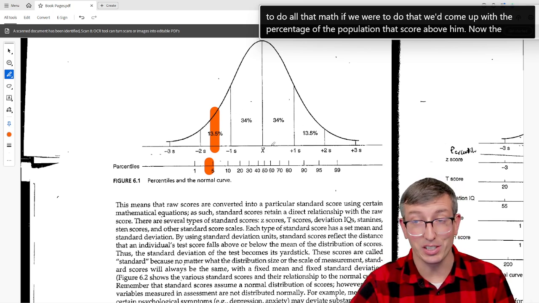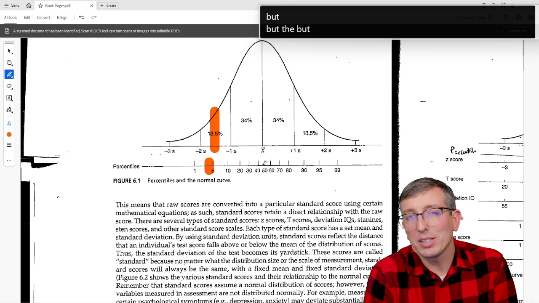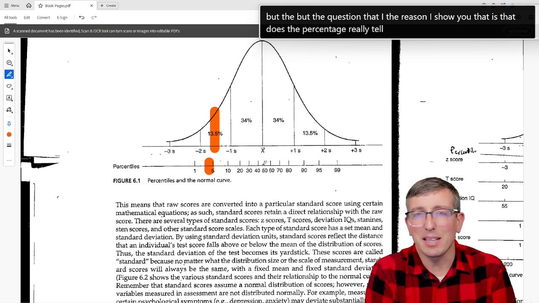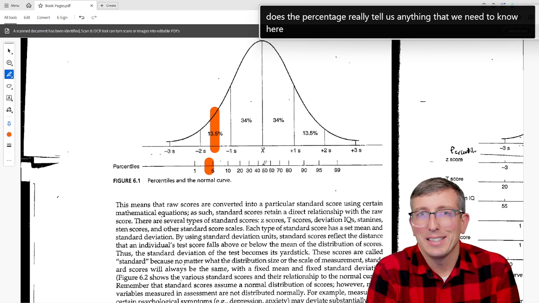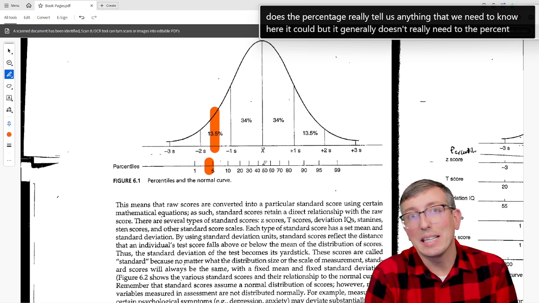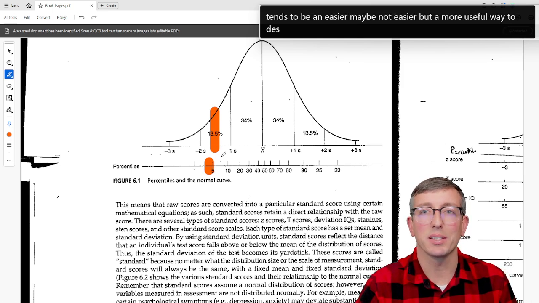Now, the percentage is different than the percentile. The reason I show you that is, does the percentage really tell us anything we need to know here? It could, but it generally doesn't need to. The percentile tends to be a more useful way to describe this.